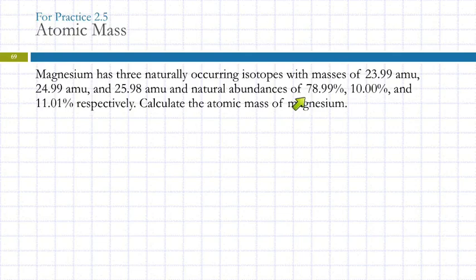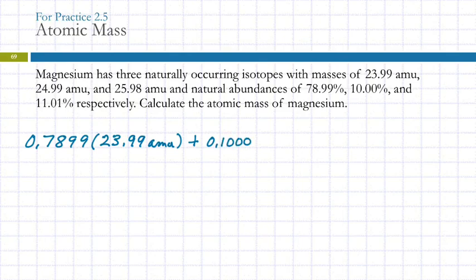So this 78.99 goes with the 23.99. I'm going to take that percentage and express it in a decimal form, dividing by 100 essentially. 0.7899 times the mass of that isotope, plus the percent abundance of the other one expressed as a decimal, 0.1000, times the mass of that one, 24.99.